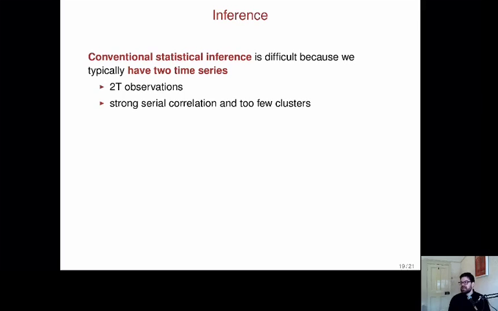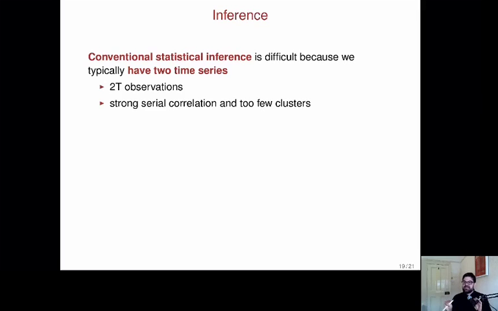The reason is that you have serial correlation in the outcomes of each unit, and conventional standard errors don't take this into account. So you would have to cluster at the level of units, and that approximately gives you the right standard errors. That's what Bertrand, Duflo, and Mullainathan showed in that QJE paper over a decade ago. So that's for diff-in-diff.